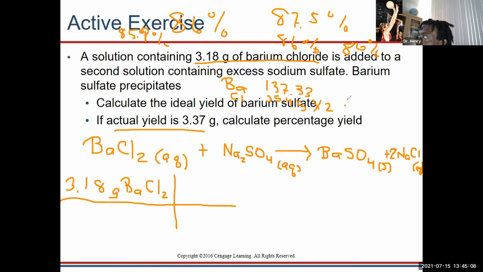So that's going to be 70.9. We add those together. So that's 208.23 grams per mole. That's right, because it gives me grams per mole, and then the grams are going to cancel out, and we're left with just moles.